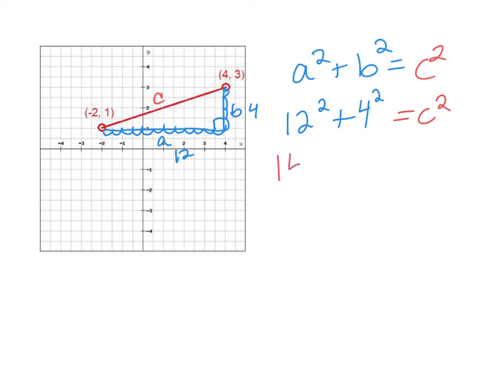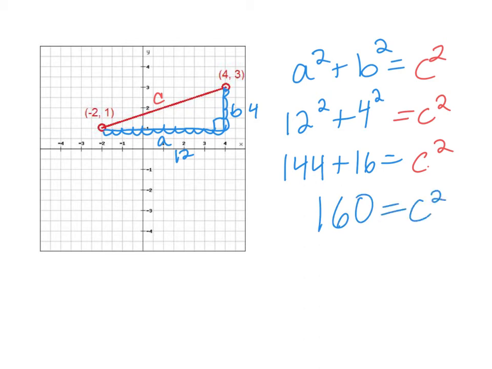So now I'm going to simplify. I want to use blue to represent this side. So 12 times 12 is 144, plus 4 times 4 is 16. That has to equal c squared. 144 plus 16 is 160. And then my last step here would be to square root both sides.